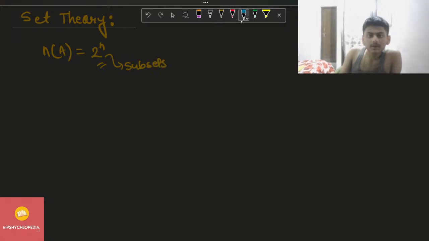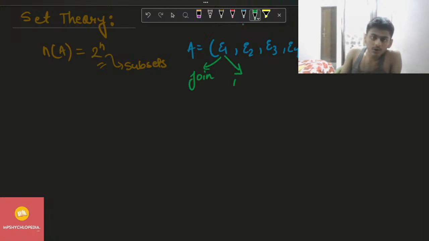This is because, let's say there is a set A in which there is element 1, element 2, element 3, element 4, dot, element n. Then each of the elements has two choices, either to join the subset or not join the subset, right?